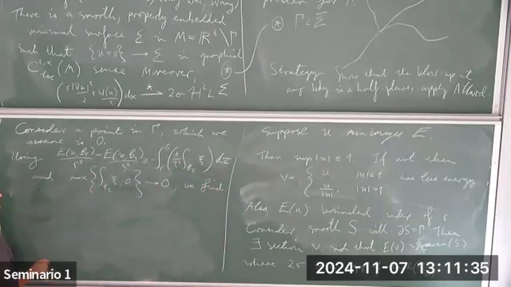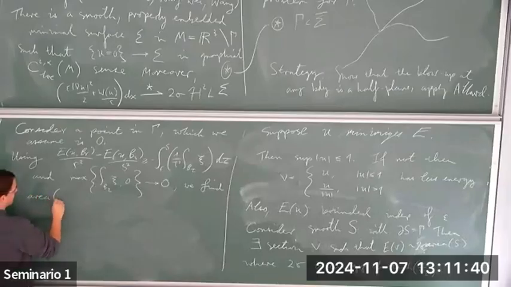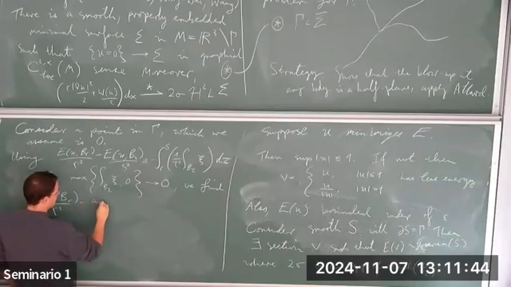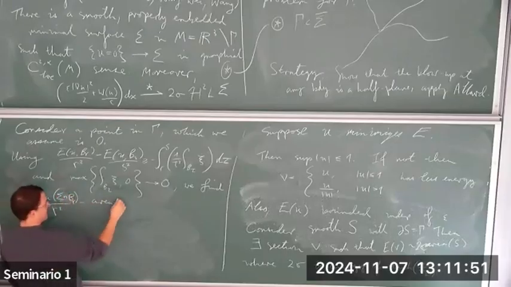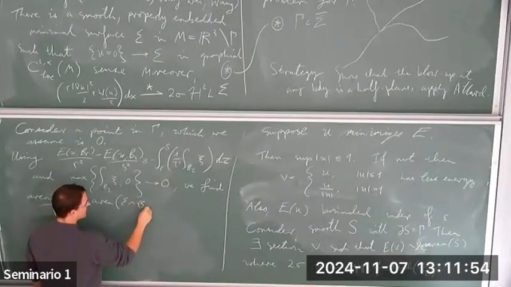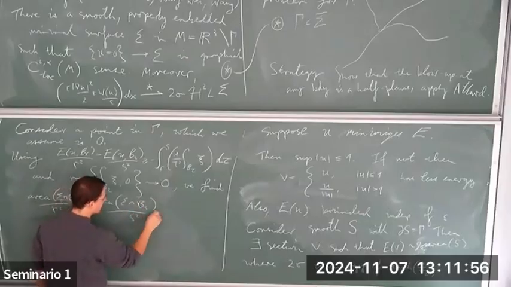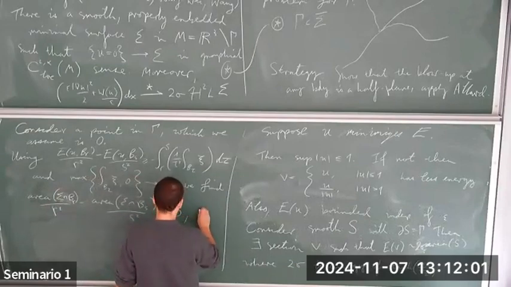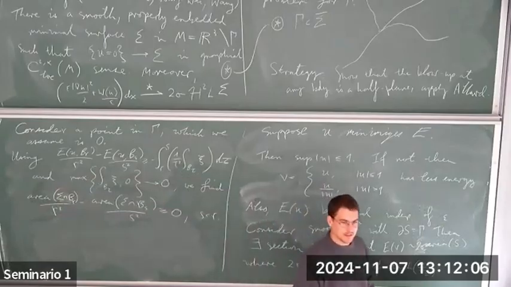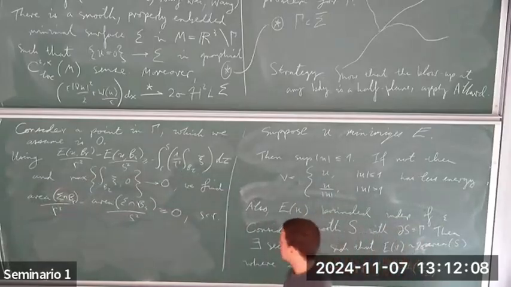Okay, so using these two facts, we find that, for sigma intersect BR, of course, this implies a monotonicity for the area ratios of sigma.